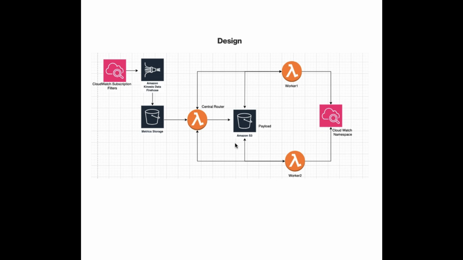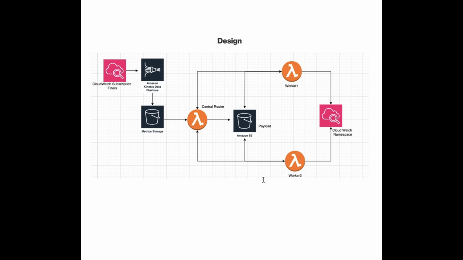And when we're trying to invoke the worker lambdas, we are going to send the S3 key corresponding to this payload bucket. So worker lambdas will be reading the payload bucket and processing those events, and will be using the batching mechanism or exponential retry, all those mechanisms, to publish that to the CloudWatch custom namespace.